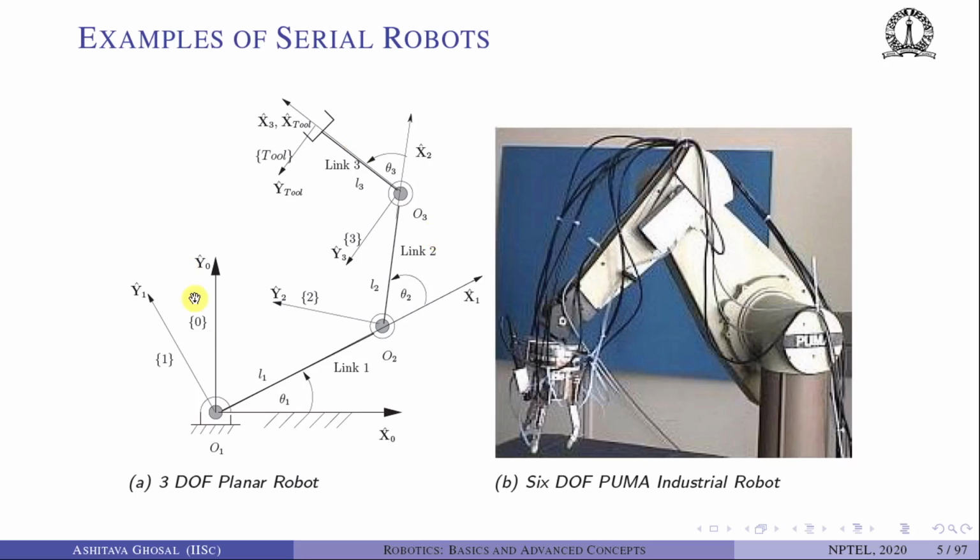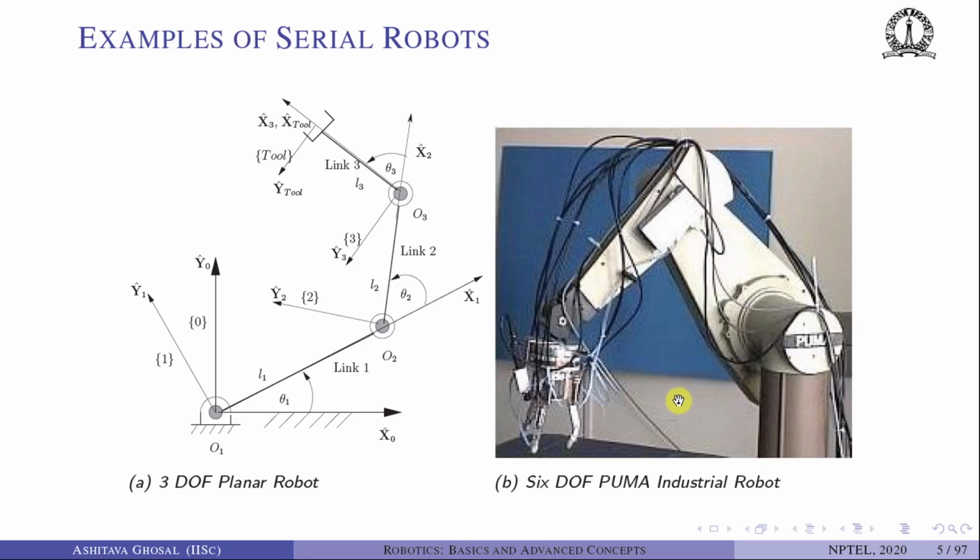The whole motion of all the links and joints is in a plane. The joints are rotating about an axis which is perpendicular to this screen, but the links are all moving in this plane. We can also have a 6 degree of freedom spatial robot, and one of the very well-known ones, which we also discussed last week, is the 6 degree of freedom PUMA industrial robot.